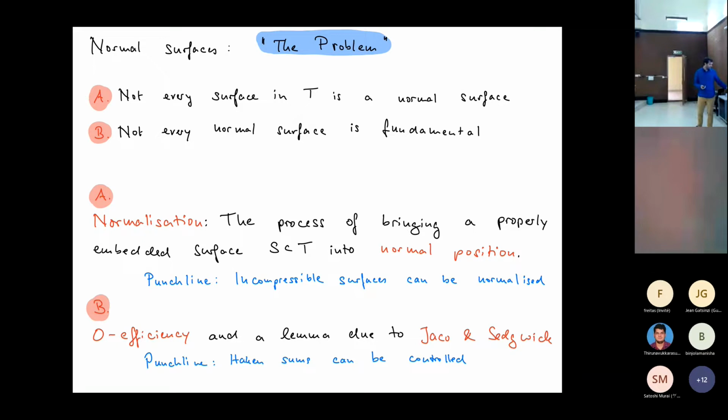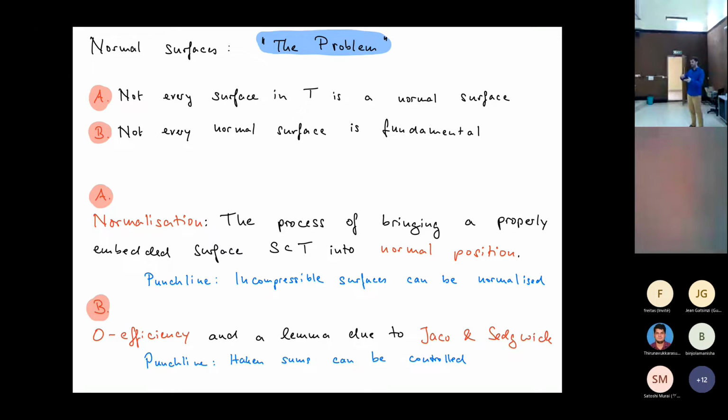So there's a workaround by taking your initial triangulation and making it good in a certain sense. And the key word here is zero efficient, which is a finite procedure that takes exponential time in the worst case, but it's usually pretty fast, that eliminates all fundamental normal surfaces of positive Euler characteristic.